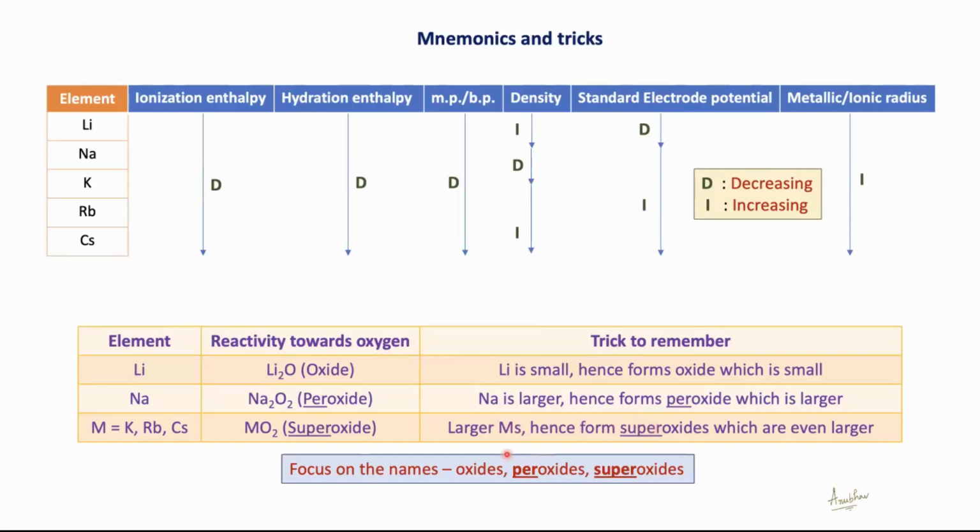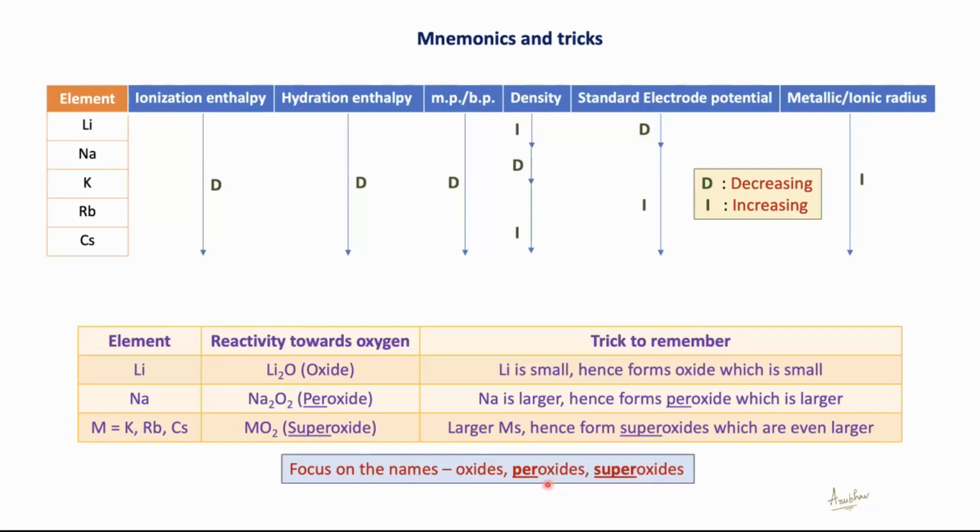You will remember by this: for the smallest one, lithium, it will be oxide, 5 letters. In case of larger elements, that is sodium, it will be 8 letters, peroxide. And in case of the even larger elements, that is potassium, rubidium, cesium, it will be superoxide. So lithium, sodium, potassium, and here we have oxide, peroxide, superoxide.